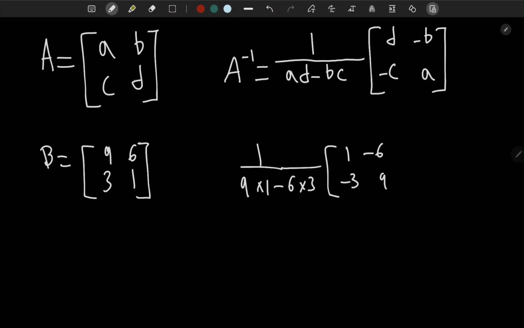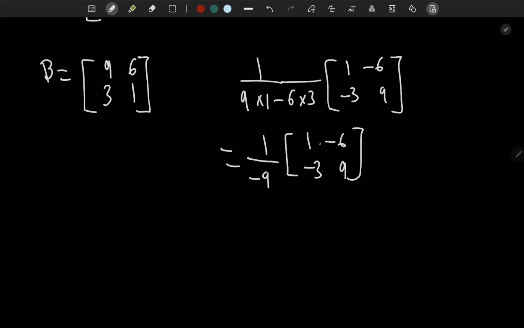You cross multiply and then minus B times C, and now you just simplify and you will get the answer as 1 over 9 minus 18, which is minus 9, and then open brackets 1, minus 6, minus 3 and 9 here, and now it will be dividing each of the elements in the matrix by negative 9.